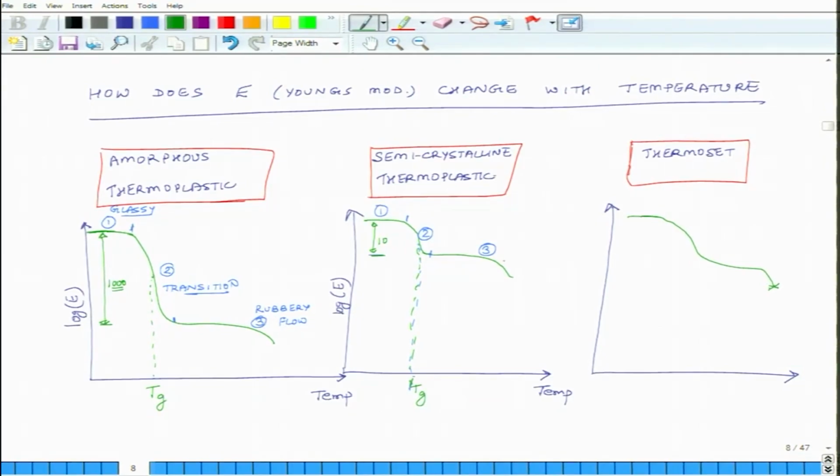So here you have rubbery flow, but here what happens is, okay, I will just first write it down. So this is where your glass transition temperature is, okay. This is your region 1, this is your region 2. Here things become very soft, maybe, okay. But the thing is not that things are flowing, the material becomes soft and then it just decomposes, okay.